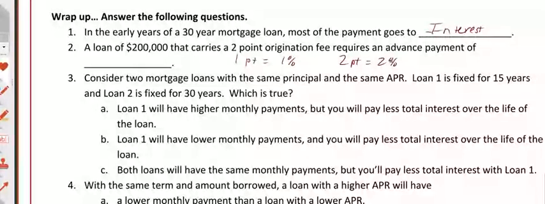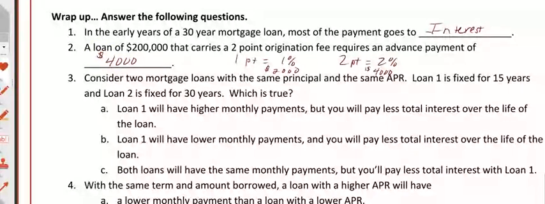We could figure out what 1% of $200,000 would be: $2,000. So 1 point, equal to 1%, would be $2,000. So 2 points, which is 2%, just doubles that, which would be $4,000. So the 2-point origination fee that you would have to pay up front would be $4,000.